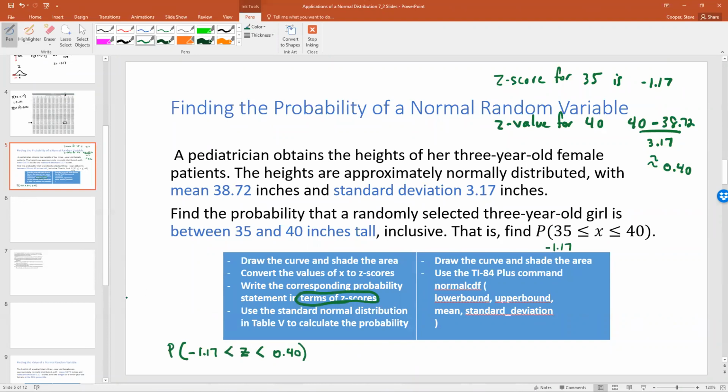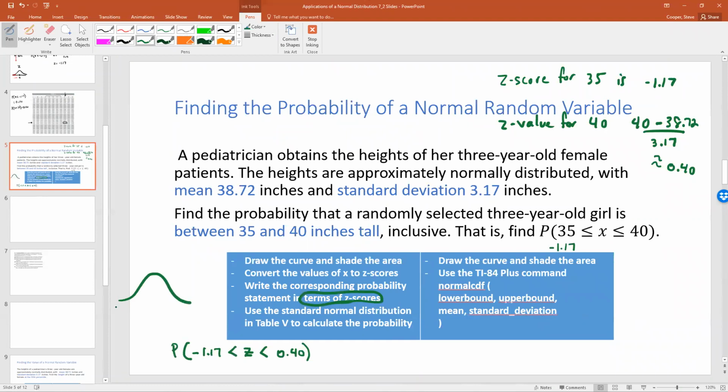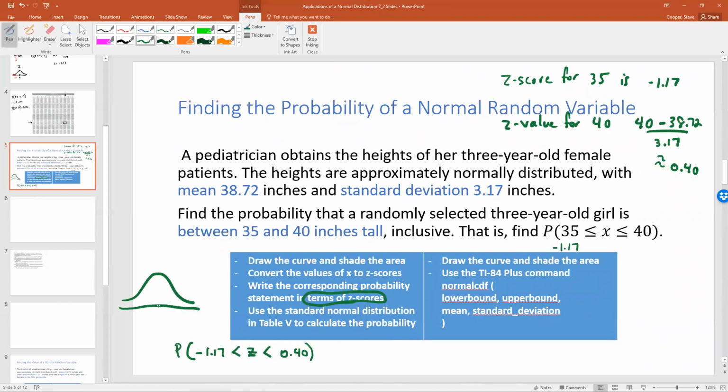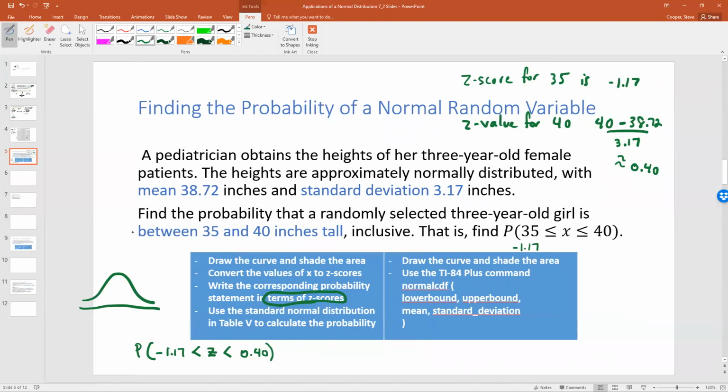Okay, in terms of the graph, oh man, I hate it when it slides on me. The slides are sliding. Now you know why.